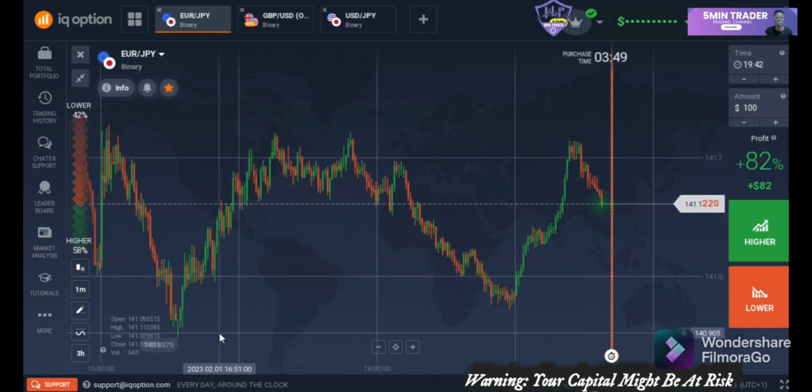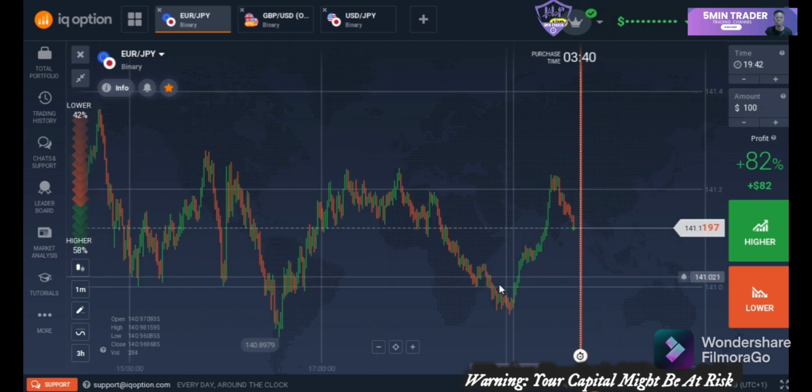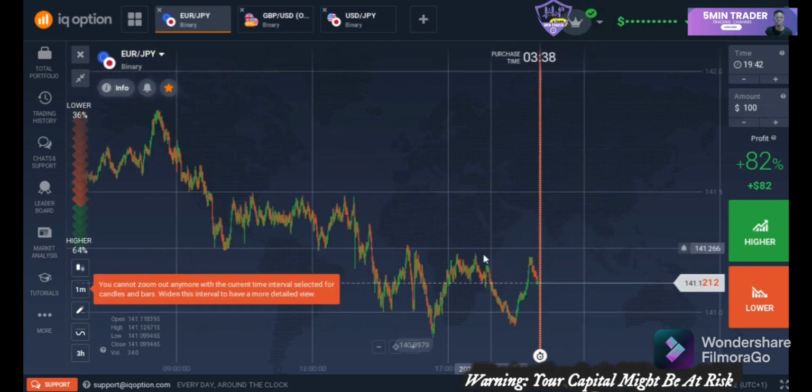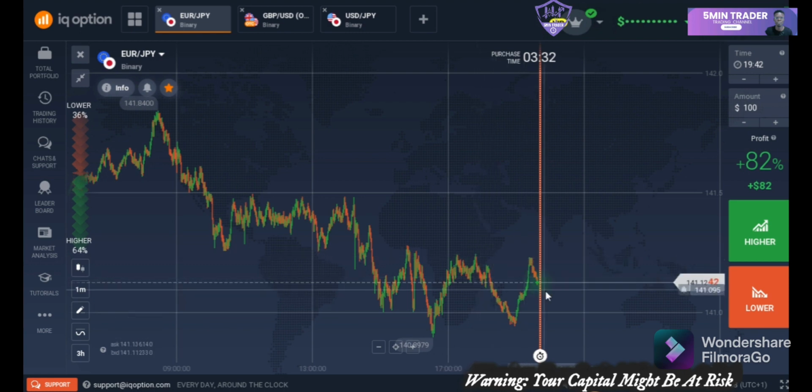You can see that this is the previous low and the market was unable to create a new low around here. So the market reversed and it went back to the previous resistance level.